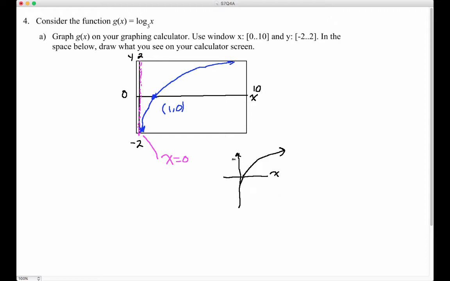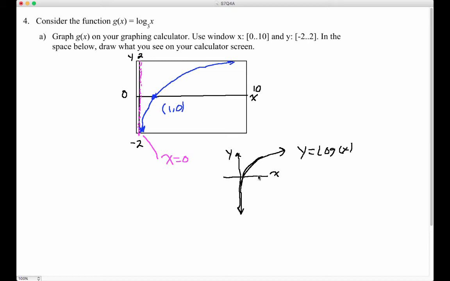That's just an artifact of the way our calculator graphs it, but it's not representative of the actual behavior of the function. If this was log base 10 of x, just as an example, we know this graph will continue to go all the way down to negative infinity. It's going to keep getting closer and closer to the y-axis, but it's never going to touch it.